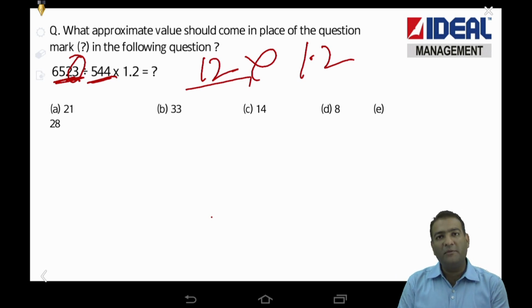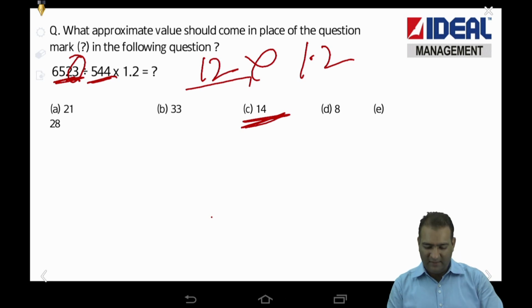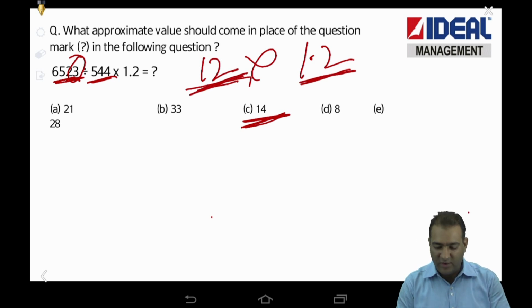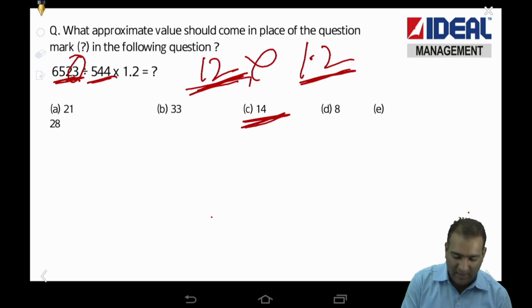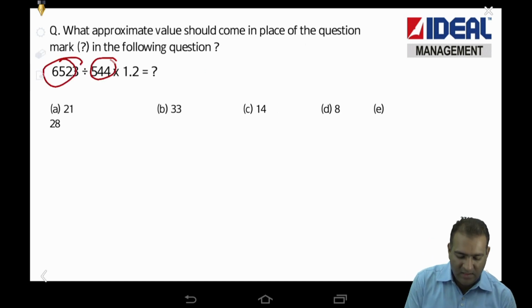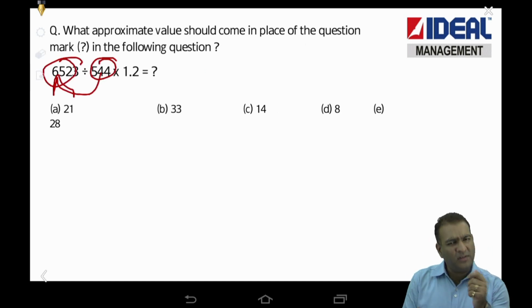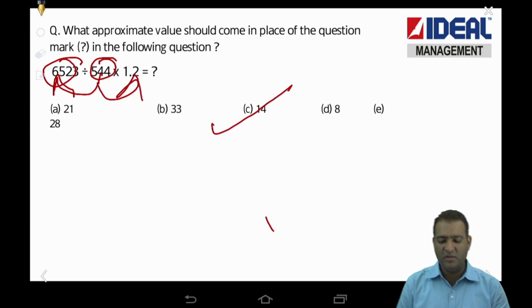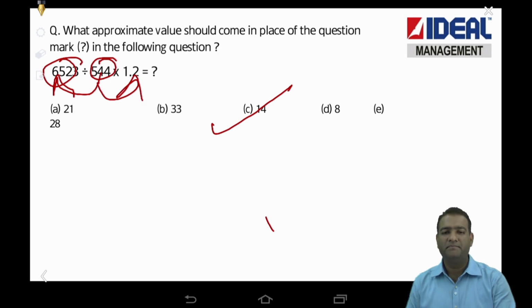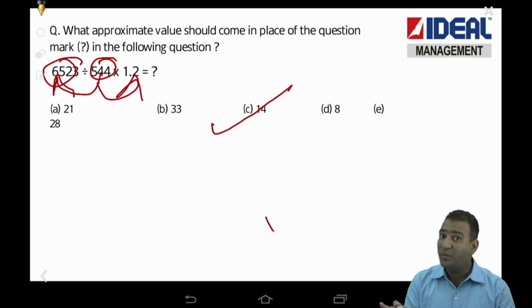So obviously it won't be 144, it will be 14. I've asked you guys to do a lot of calculation here, which is not required. Simple, this by this will give you approximately 12 or 11. That into 1.2 is easy. 14 is the only option. There can't be another option, because my options are quite far away.